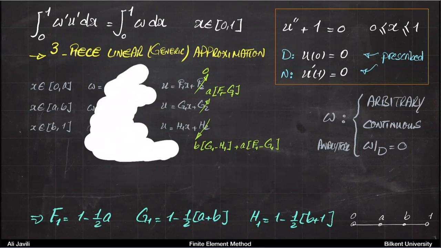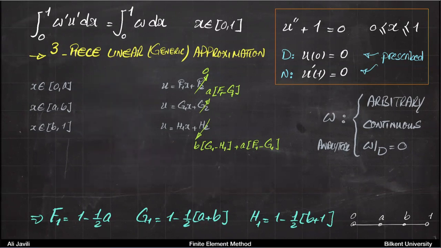The W here is no longer needed. What you can see here is very simple. For each of these pieces, you have a U, and for each of those, you can clearly have their coefficients. So what we want to do is to write this displacement function as a piecewise linear function or a 3-piece function. That's what we are going to do.